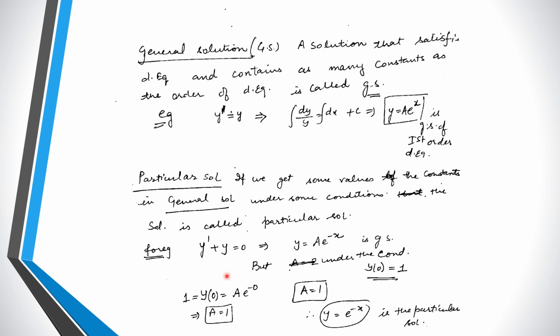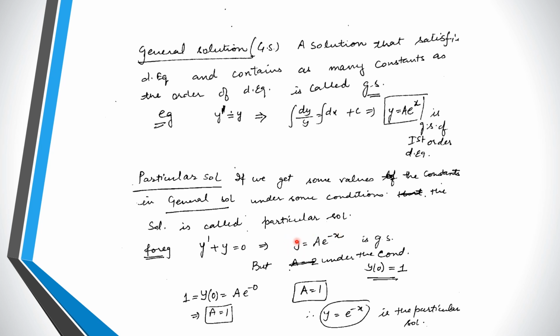So for example, in the above differential equation, this is a solution obtained by integrating both sides, right? And we are given the condition y at 0 is 1. Y at 0 means you put x to be 0, and the value of y is 1.